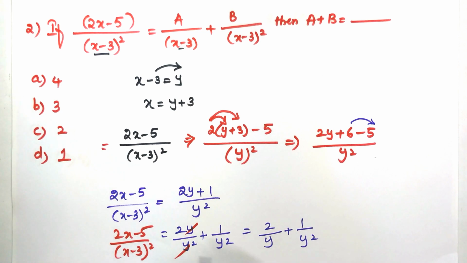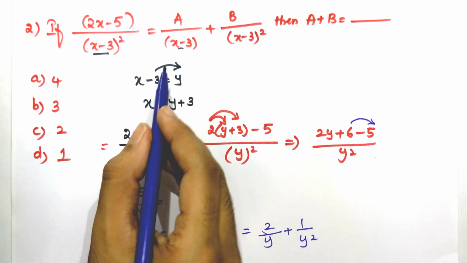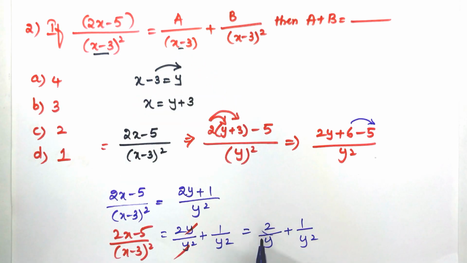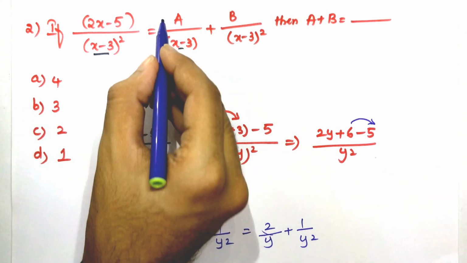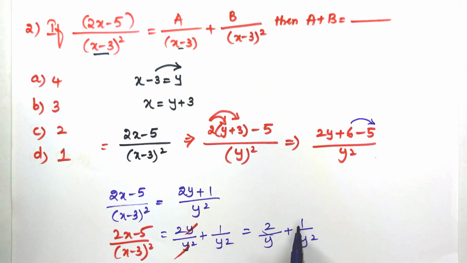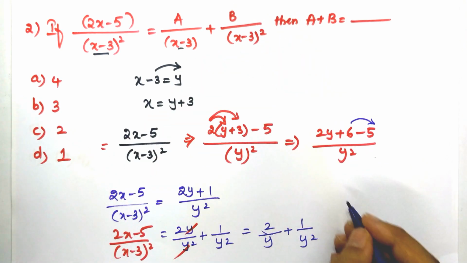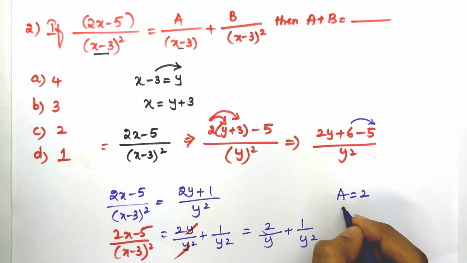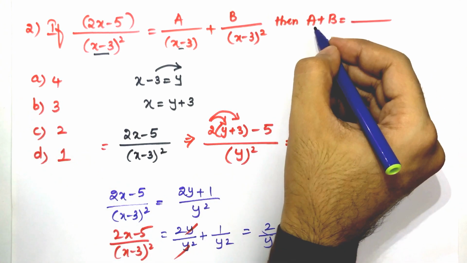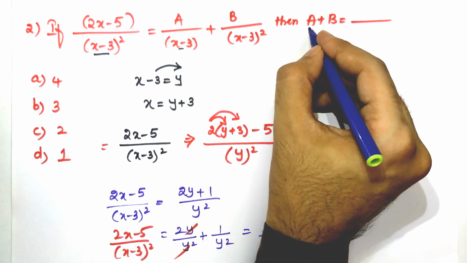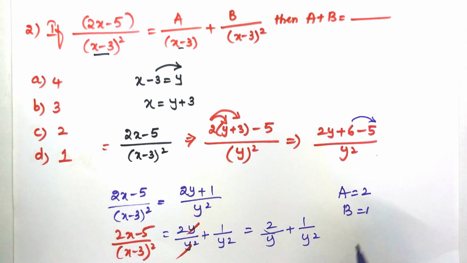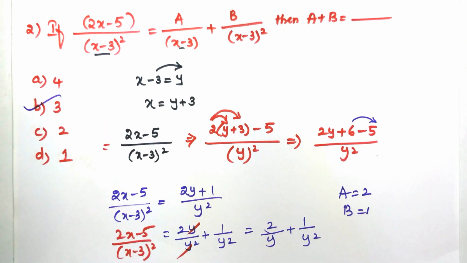If you compare this with the given question, instead of a we got the number 2 with denominator y, and y means x minus 3. So 2 by x minus 3 means a is 2, and plus as it is, the value of b we got is 1. So a is equal to 2 and b is equal to 1. The question asks us to find a plus b, so 2 plus 1 is 3. So option B is correct.